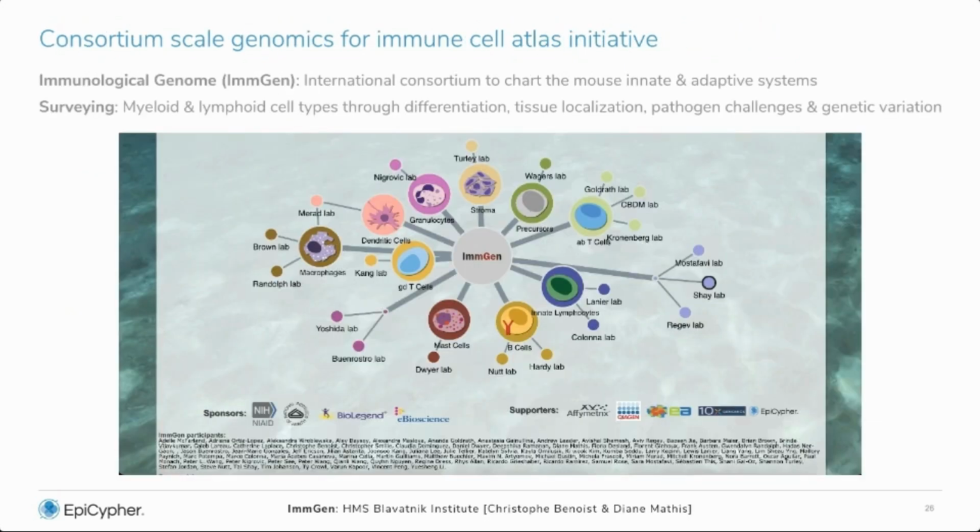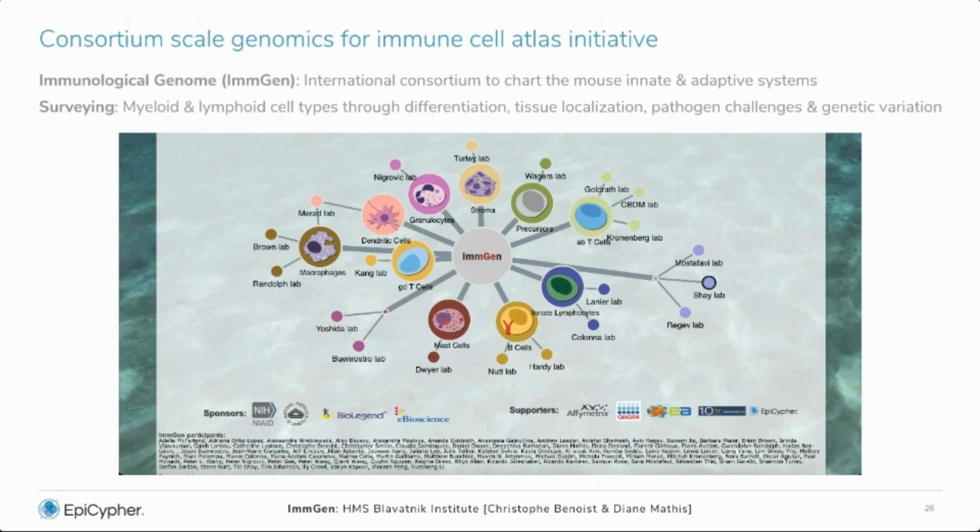And so around this time, the impetus for us to try to automate CUT&RUN came from a connection we had with the Immunological Genome, or ImmGen, Consortium. So this is an international consortium led by Christophe Benoist and Diane Mathis to really chart the mouse innate and adaptive immune systems.